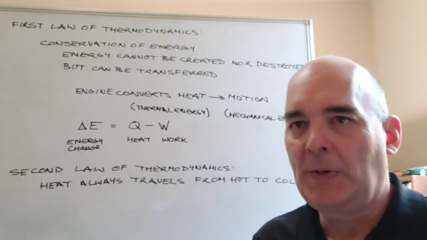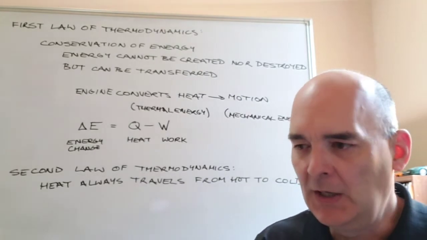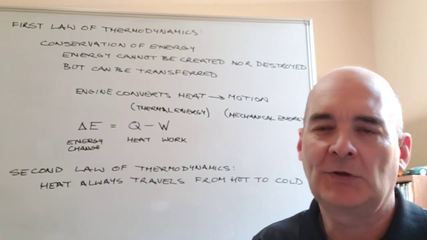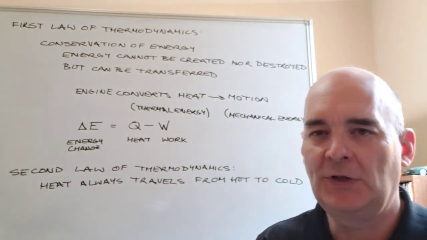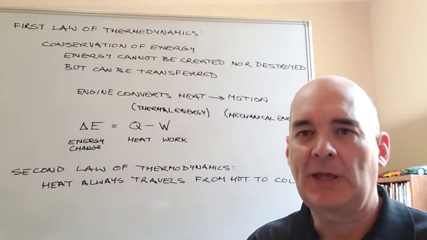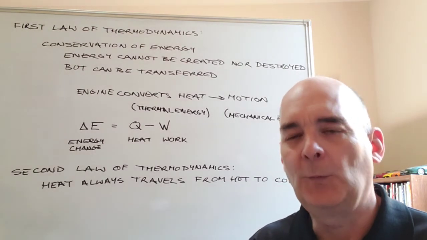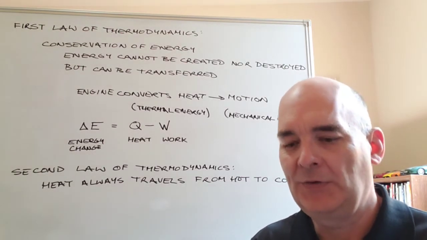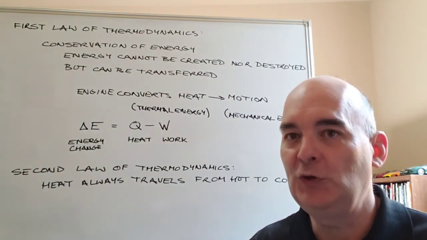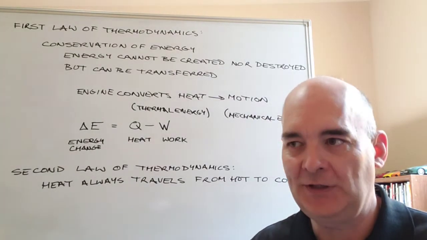Thermodynamics is governed by laws. In fact, there are 4 laws of thermodynamics. The first law is a restatement of something in physics called the law of conservation of energy. You might be aware from high school science that there are 2 laws, one called the conservation of mass and one called the conservation of energy, that tell us that in any process you cannot create new mass, new matter, and you cannot create new energy.